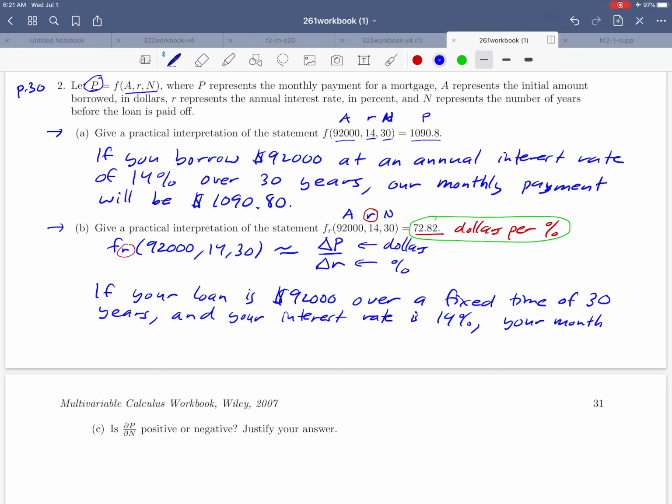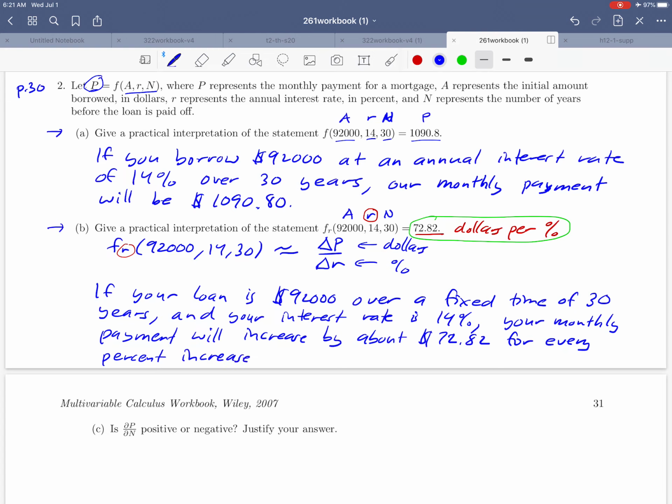Your monthly payment will increase by about $72.82 for every percent increase in the interest rate. This explanation is a little more complicated than the one for A. It's not as easy to describe a rate of change, but in a nutshell, this tells us how fast our monthly payment is going to go up relative to the interest rate.